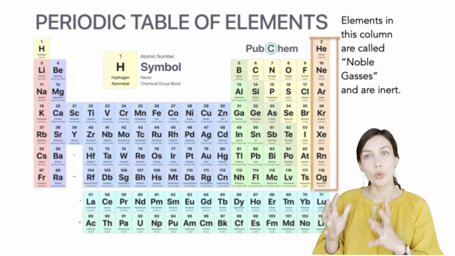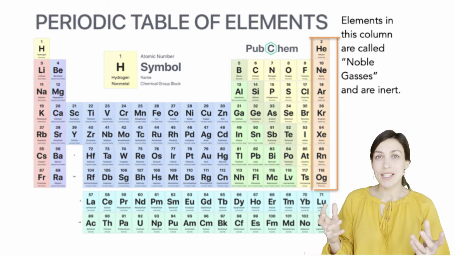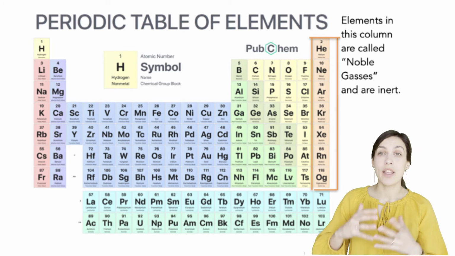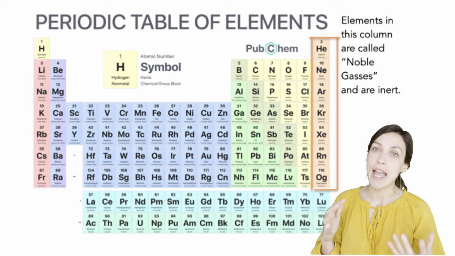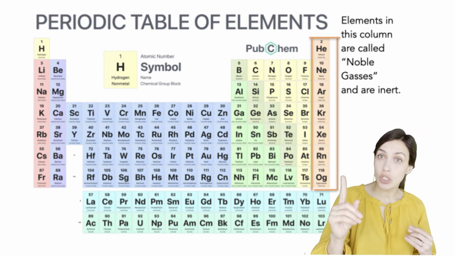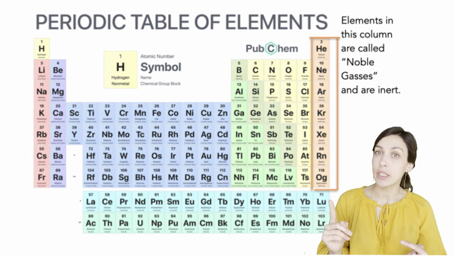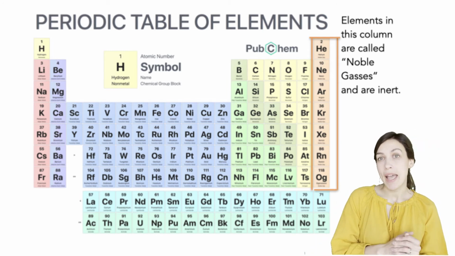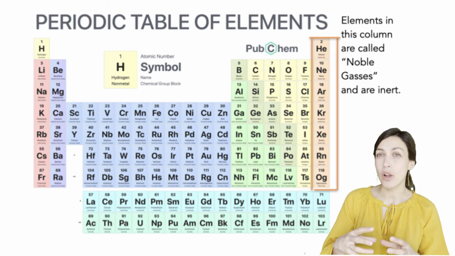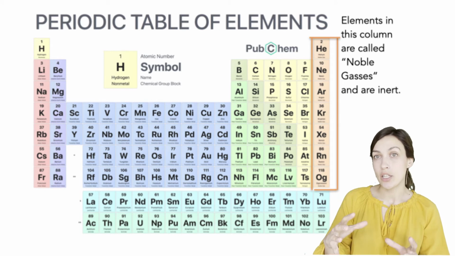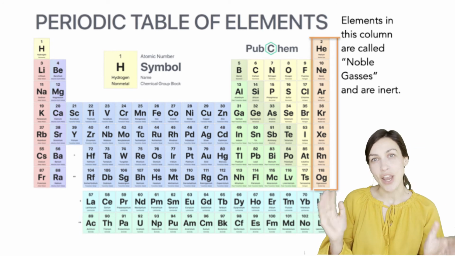The octet rule, octo is for 8, says that atoms are most stable when their outermost energy shell is filled, which means that they have 8 electrons. I should point out right here that the exception is hydrogen and helium, the 2 smallest atoms. They only have the first energy shell, and therefore their valence energy shell is filled when 2 electrons are present, and then they are satisfied.